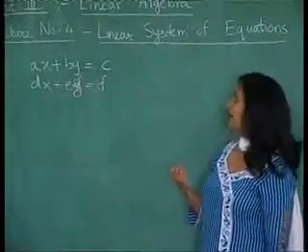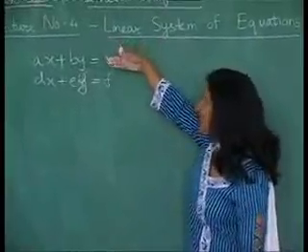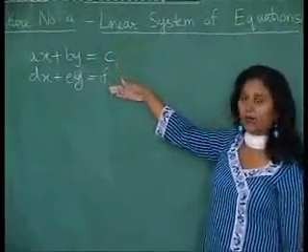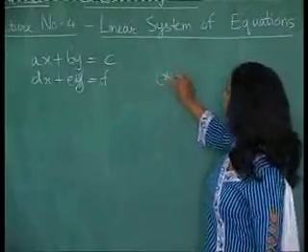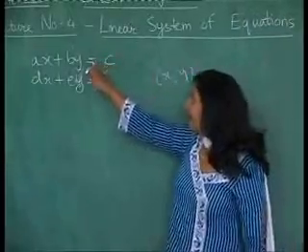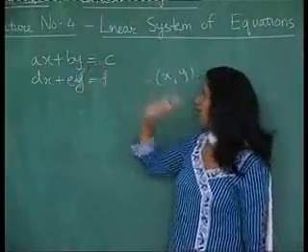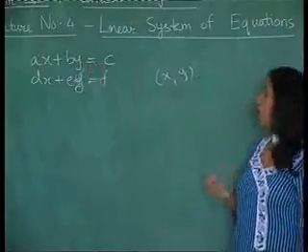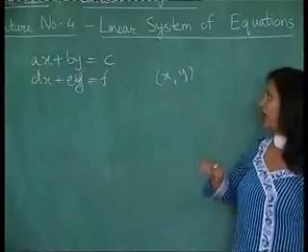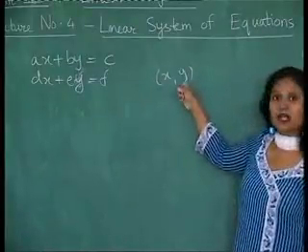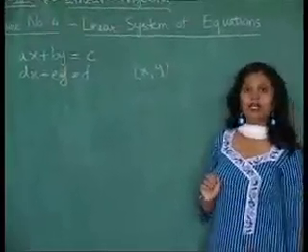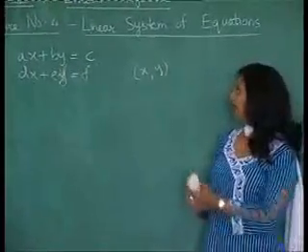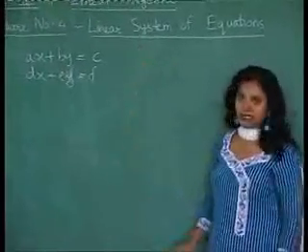Now if I am looking for a solution which will satisfy the first equation as well as the second equation, I am looking for a point (x, y) which will lie on the first line as well as on the second line. So what I am really looking for when I want a common solution is a point which lies on both the lines, that means a point of intersection. And we all know that when two lines intersect, there are three possibilities.